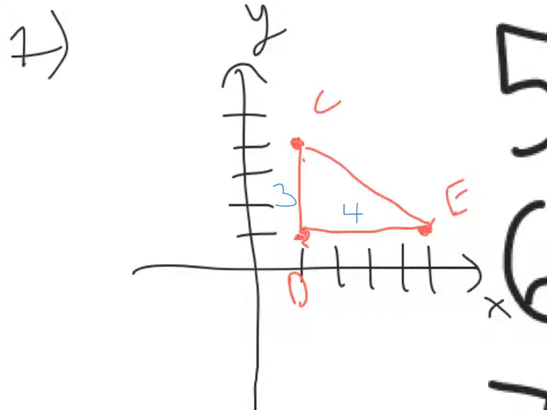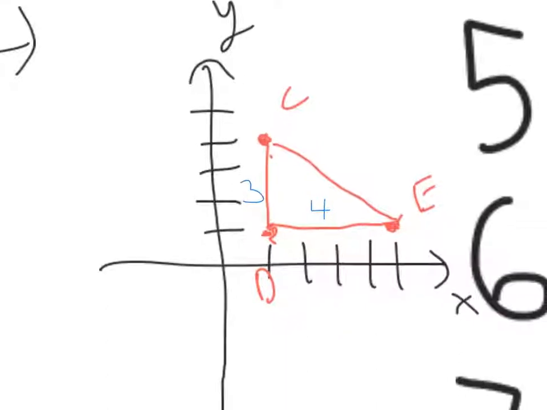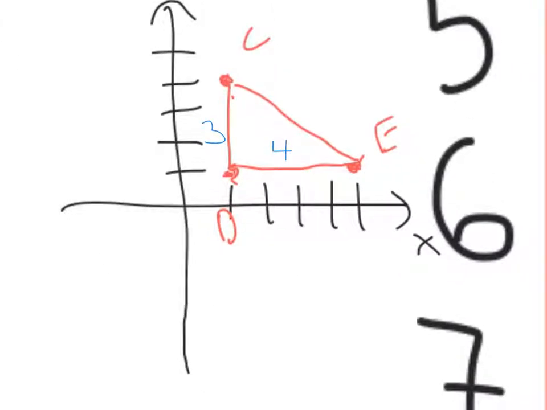And if you remember the Pythagorean theorem, to find the measurement of your hypotenuse from C to E, we can use a squared plus b squared equals c squared, where this missing side is going to be c.